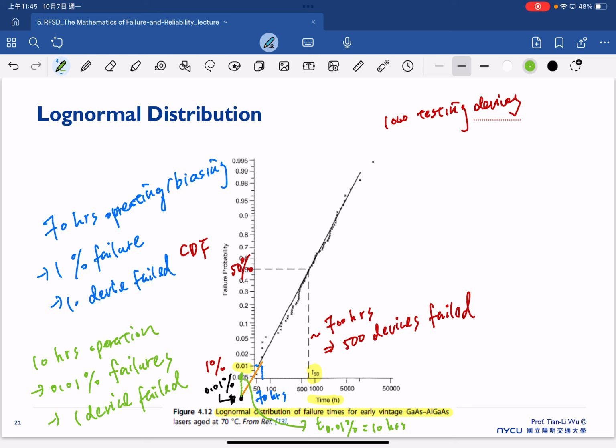One device fails, then it will depend on whether your customer will still buy it or not, whether it will reach their requirement or not.